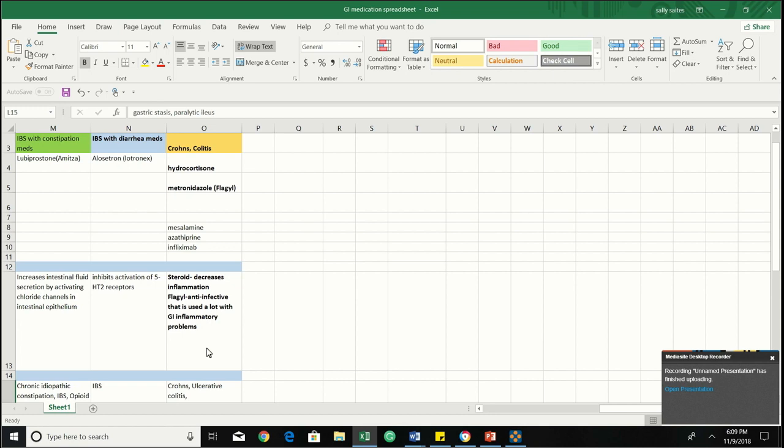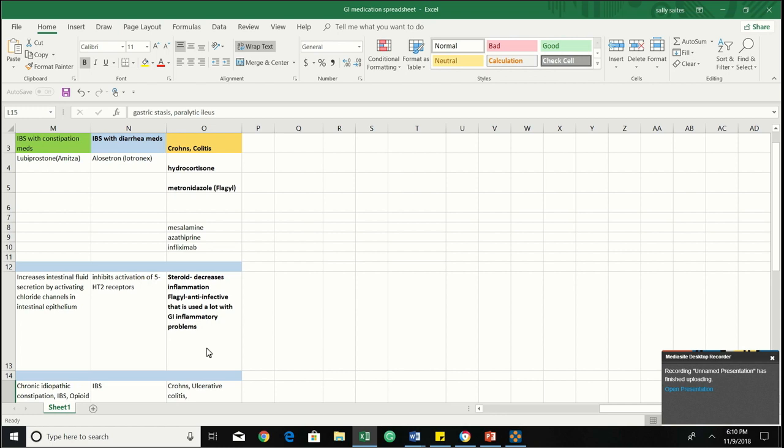We need to give them steroids to decrease the inflammation, and we need to give them Flagyl or metronidazole to either prevent or combat any potential bacterial infections that might be lingering in there. We want to give them plenty of fluids if appropriate. We want to give them a proton pump inhibitor so they don't have any other GI tract problems.